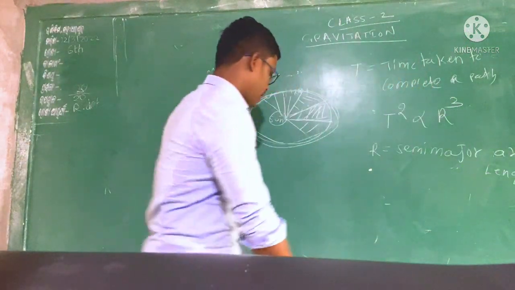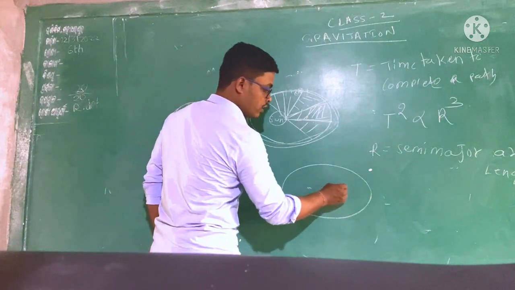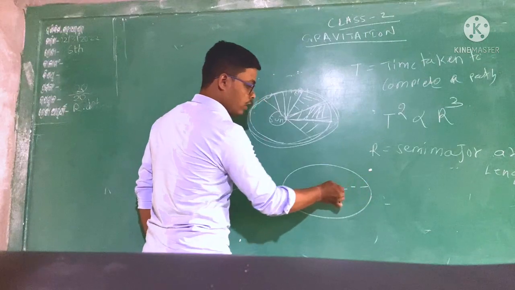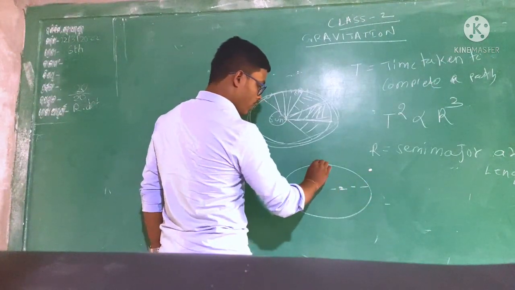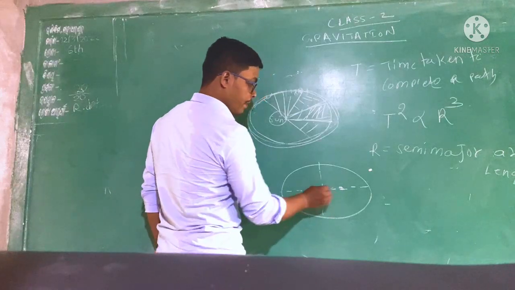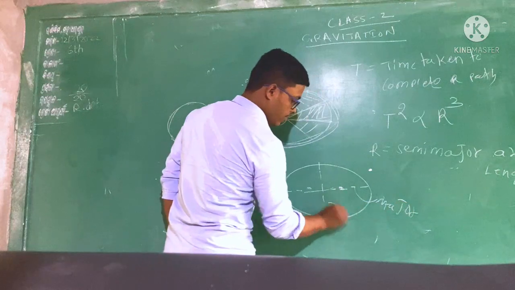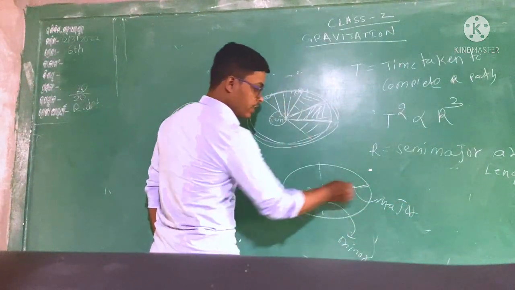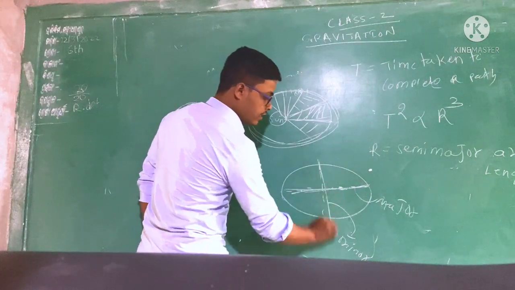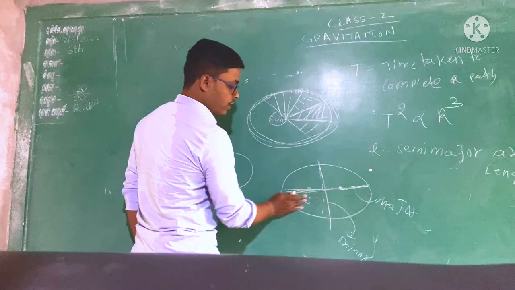So what is the semi-major axis? Suppose this is an ellipse and these are the foci, which lie on the same straight line. If you draw this, this is the major axis and this one is the minor axis, and this distance up to here is known as the semi-major axis.